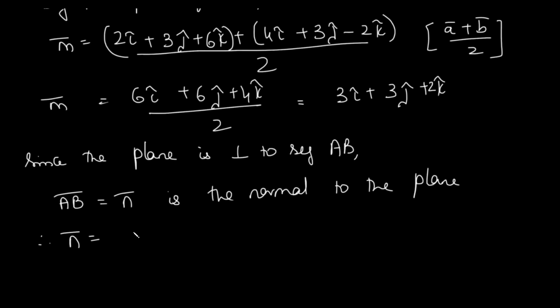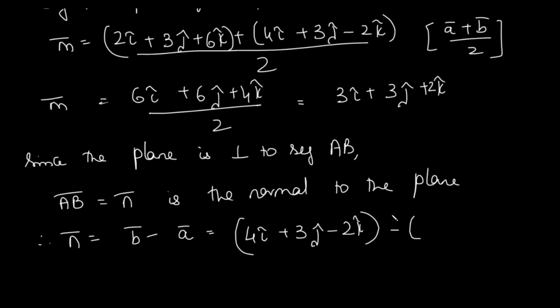Therefore, n bar is given by b bar minus a bar, that is the vector b minus the vector a, and this comes out as 2i, 3 minus 3, j goes away, 0, and minus 2 minus 6, that is minus 8k. So thus we get the normal to the plane as well.